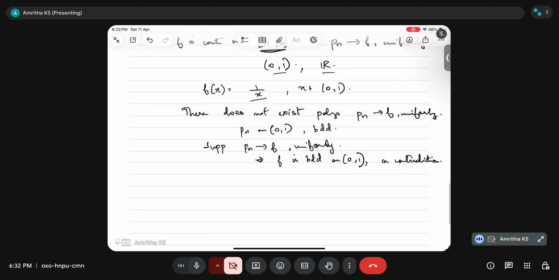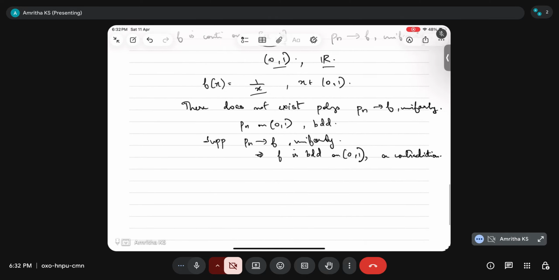But still, uniform continuity is not enough, because once you take R and f of x equal to sin x or cos x, you know that this is uniformly continuous. But still, one can argue that the result does not hold here.